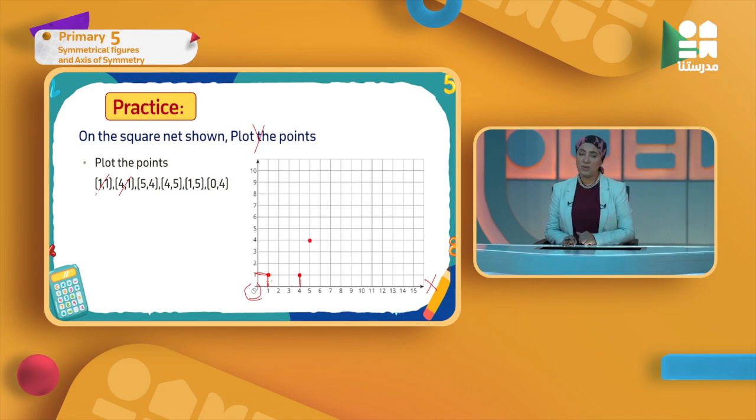So this is going to be my point. Now I will move to the point 4 and 5. I will move to 4 on the x-axis, and then I will go up 5 units on the y-axis. So this is going to be my point.